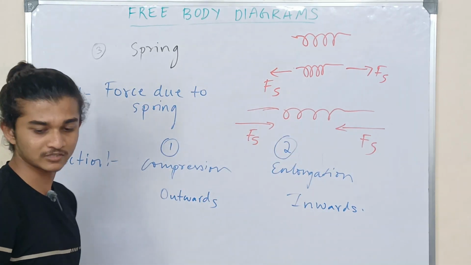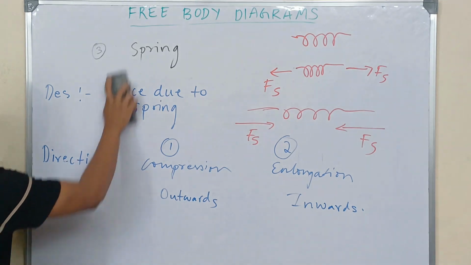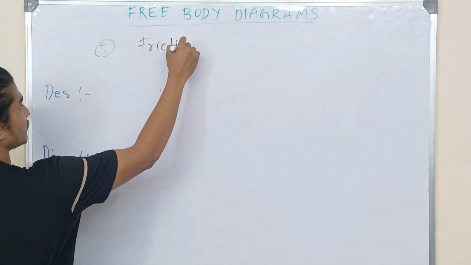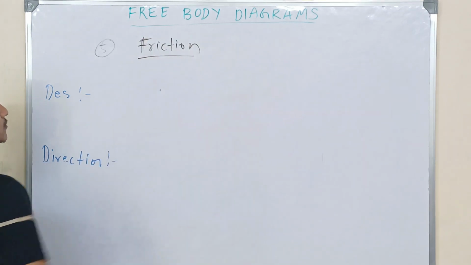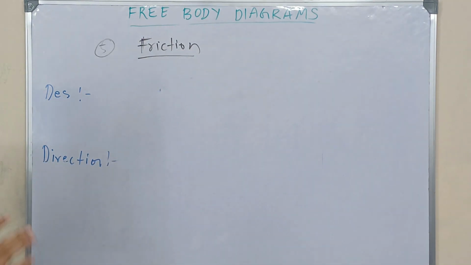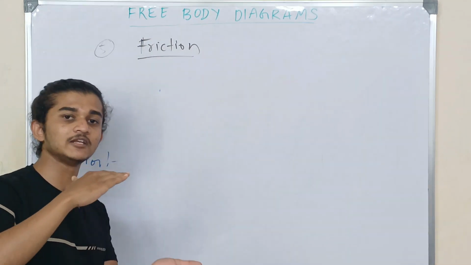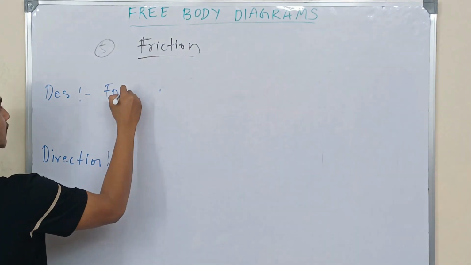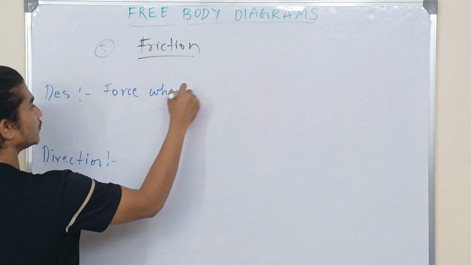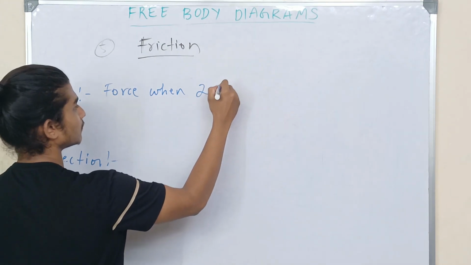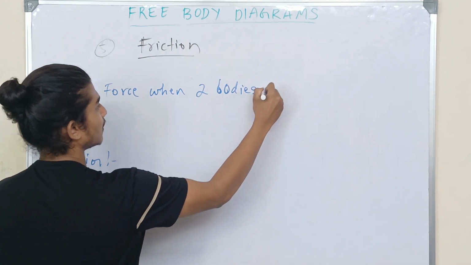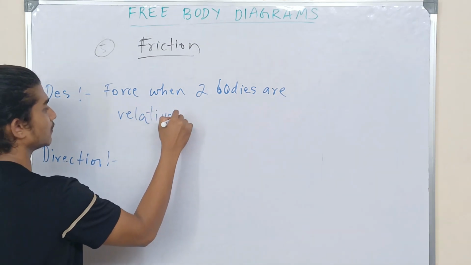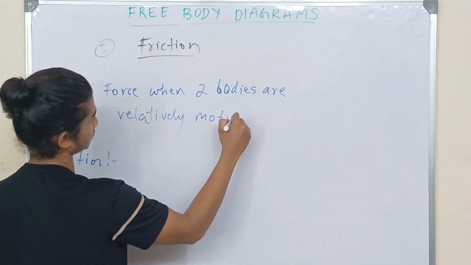So this was the fourth type of force, and the last one is friction force. Friction is nothing but a force which comes when two bodies are relatively in motion with each other.